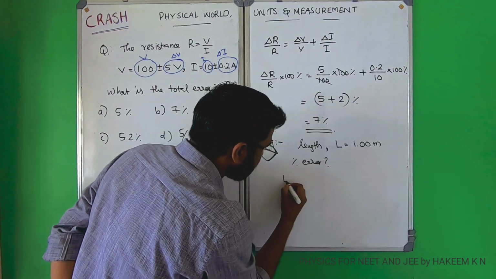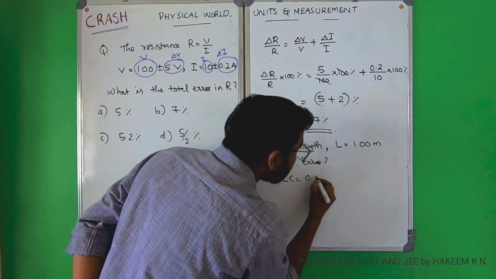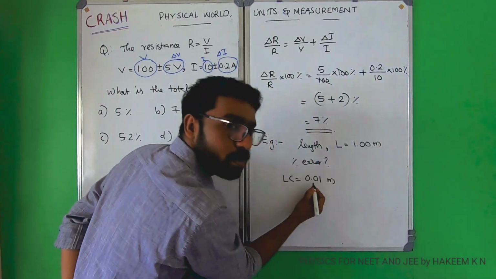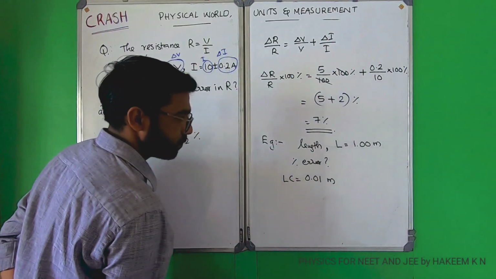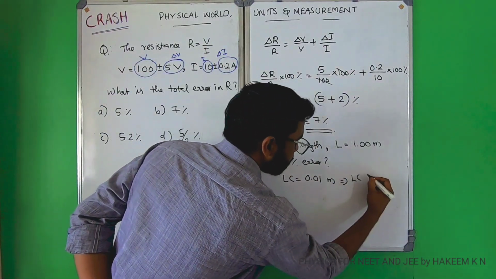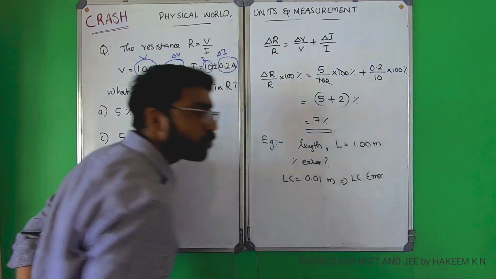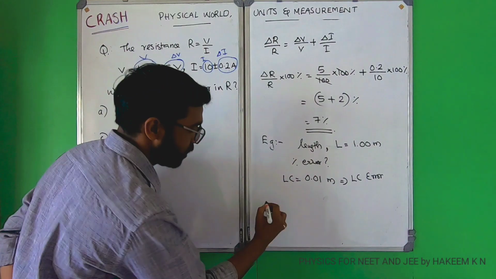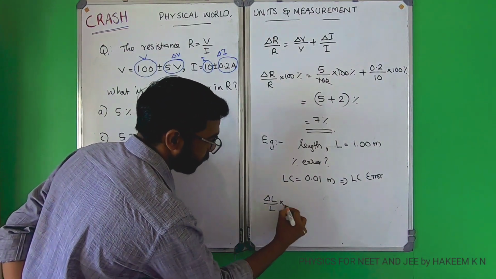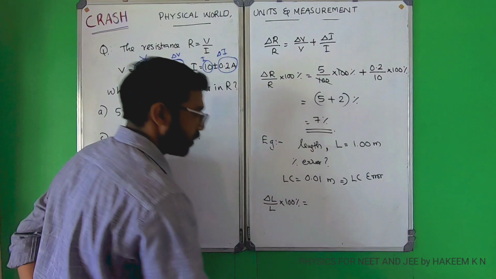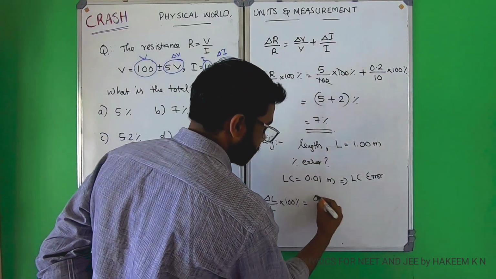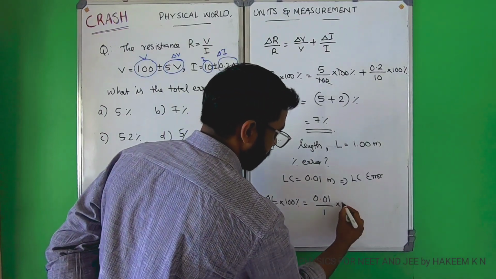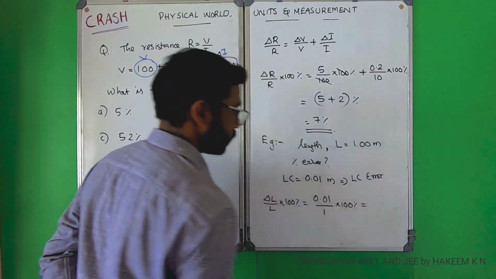What is least count error? Least count is 0.01 meter. Two decimals are here, so 0.01 meter is the least count. This is the least count error. Least count and least count error both have the same value. You will put plus or minus. That's only the difference. So percentage error in length delta L by L into 100 equal to what is error? 0.01 by what is original length, 1 into 100.